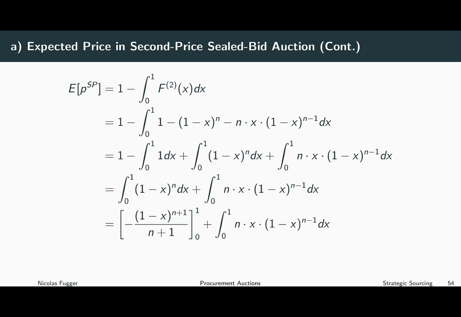Next, we integrate this expression, and we find that the integral of this expression is minus (1 minus x) to the power of n plus 1 divided by n plus 1. You can easily check this if you take the derivative of this expression. And we kept this expression here just untouched.